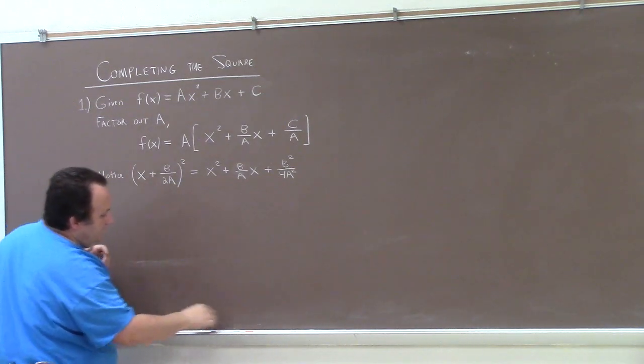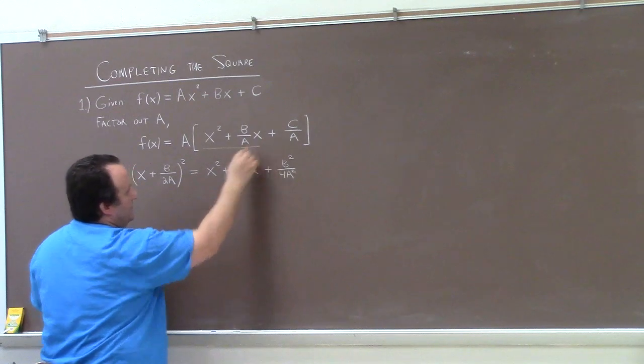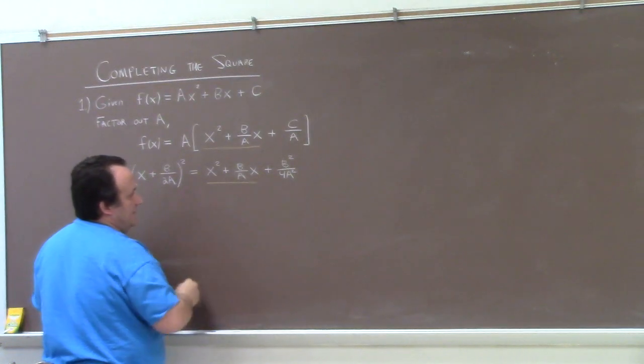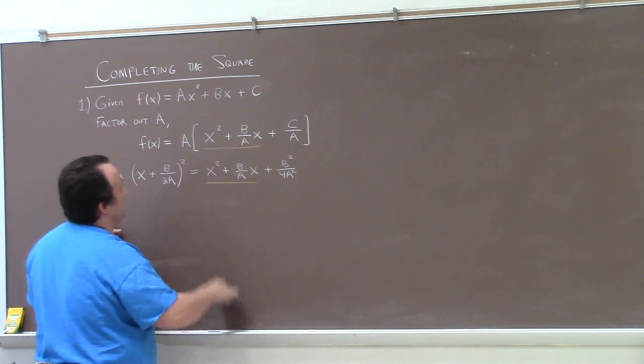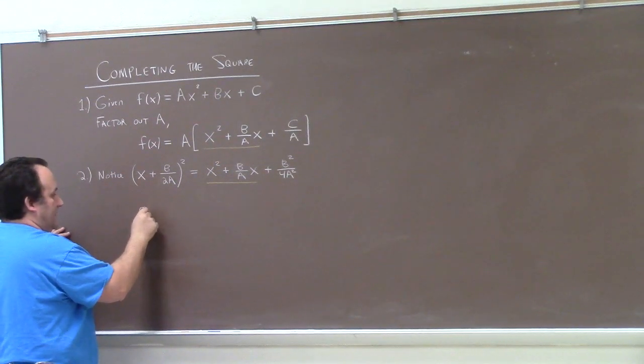So what that means is I can take these two terms right here and see that there are these two terms like that. So I can rewrite what's underlined in orange as follows.